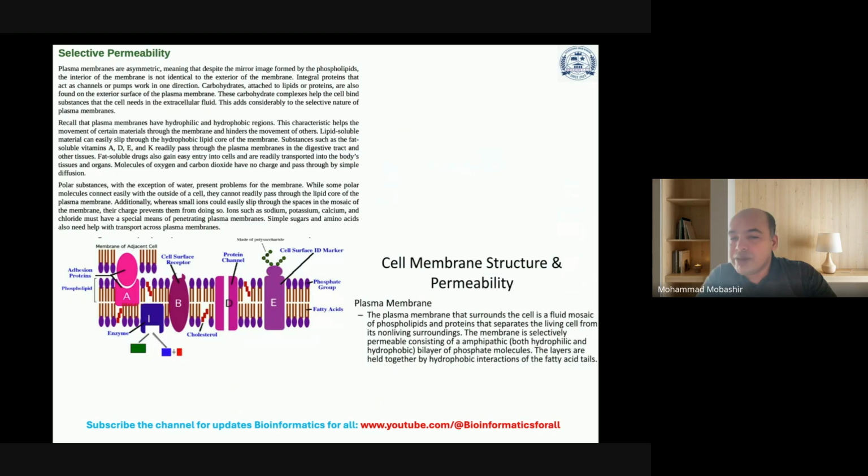The plasma membrane that surrounds the cell is a fluid mosaic of phospholipids like DPPC lipid bilayer and proteins that separates the living cell from its non-living surroundings. The membrane is selectively permeable, consisting of an amphipathic, both hydrophilic and hydrophobic, bilayer of phosphate molecules. The layers are held together by hydrophobic interactions of fatty acid tails.